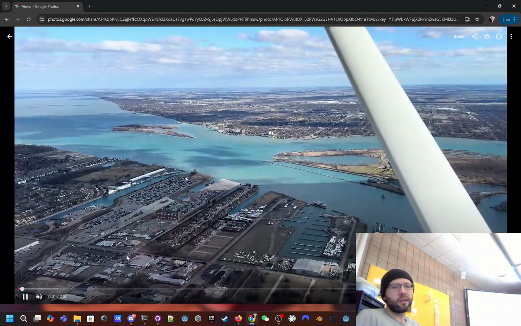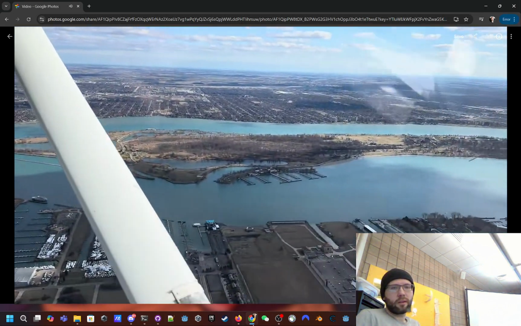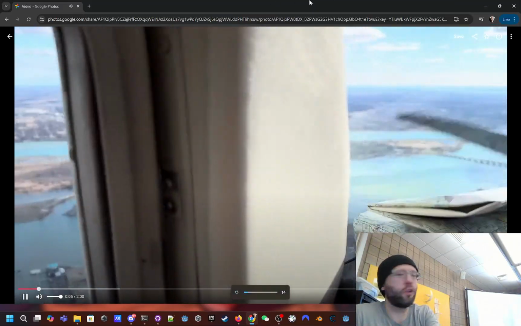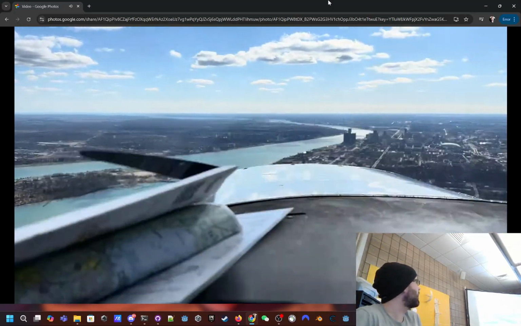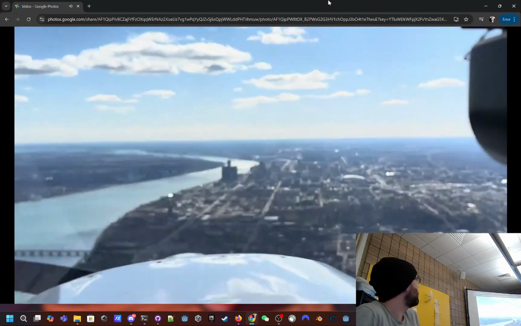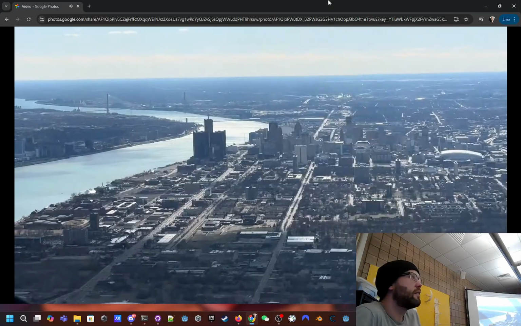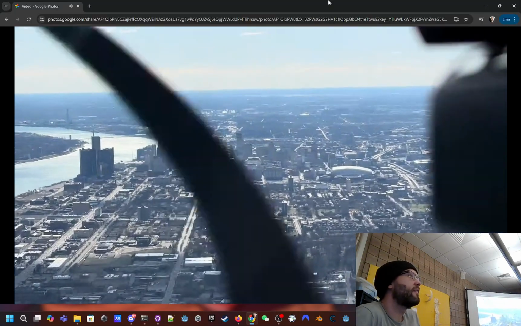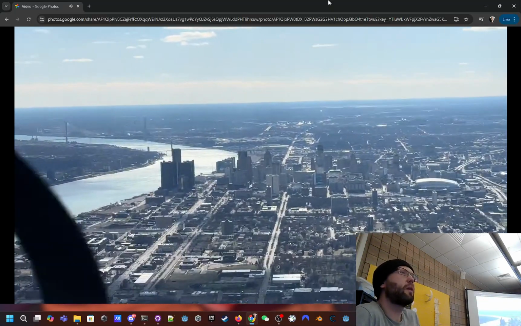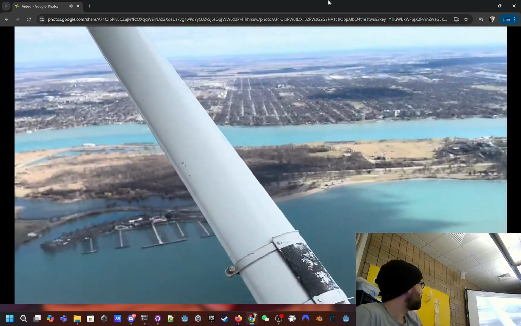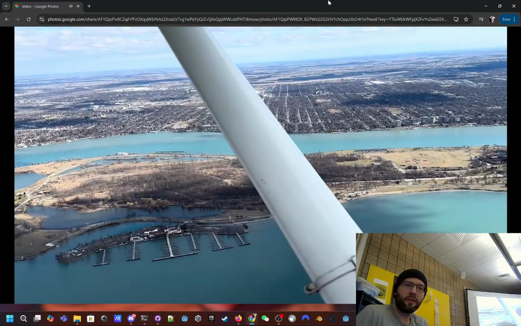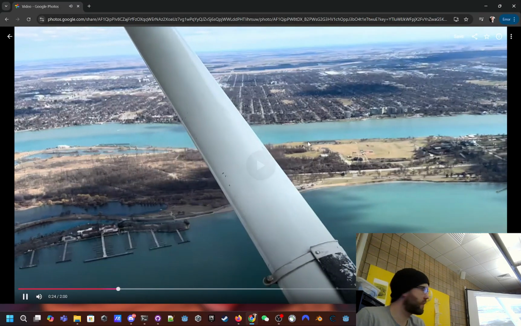Do you know where this is? Anyone? No? Do you know now? How many of you have been downtown? Seen the Renaissance Center, right? The airspace around here is pretty complicated and kind of hectic.